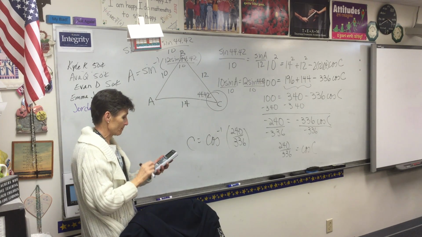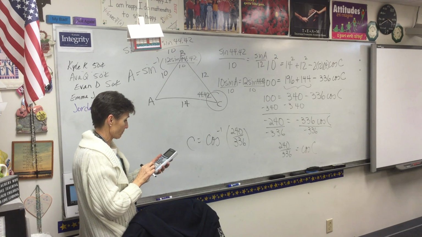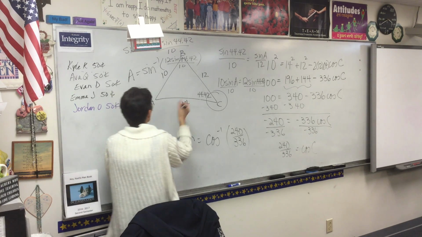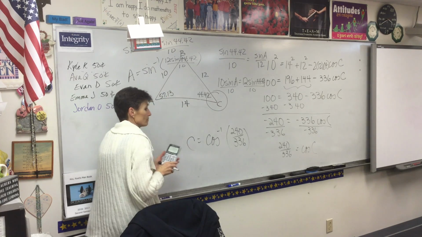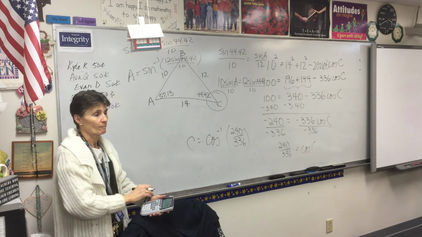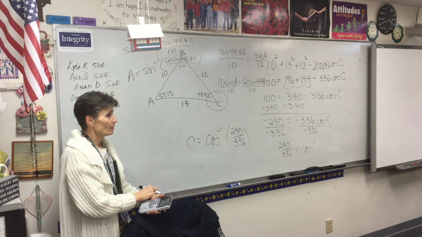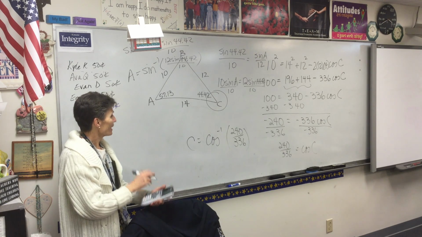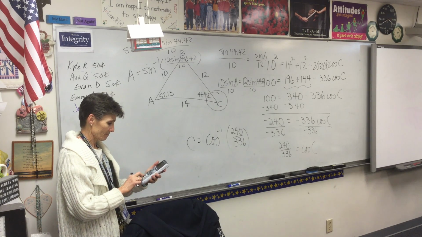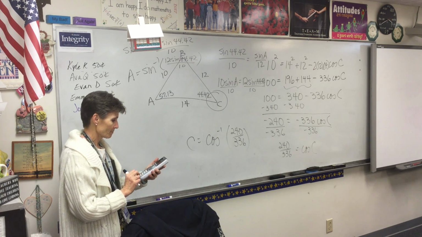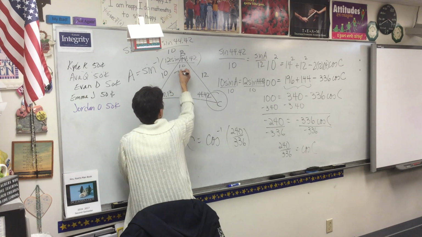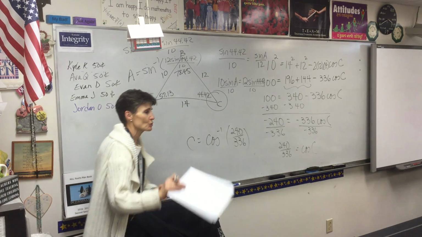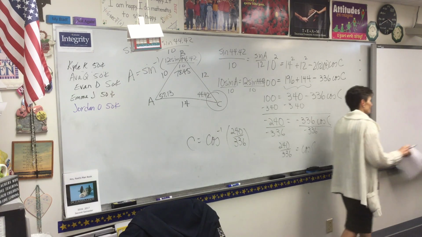So second sine, 57.13. Okay? Now what? Add the two together. 78.45 is the missing one. And you have solved the triangle.